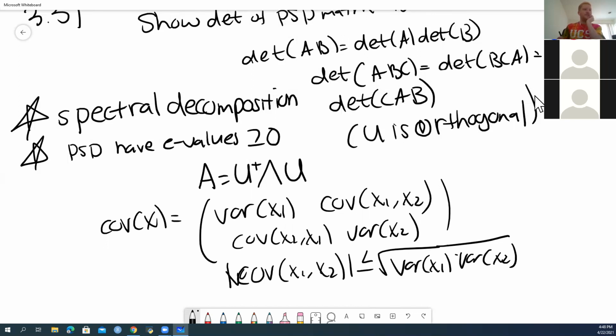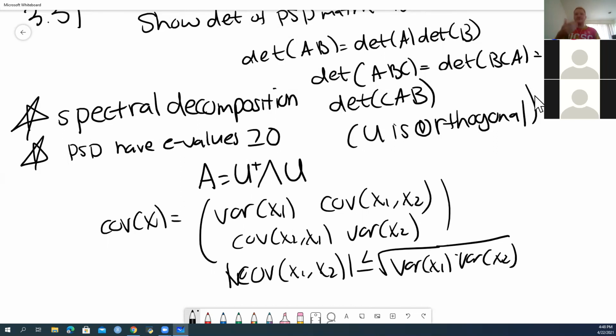This should be like a 2-line proof. You just use A. Remember, covariance matrices are positive semi-definite. That's a really crucial fact. So you have the fact that covariance matrices are positive semi-definite, and we just showed the determinant is non-negative. So in B, just use those facts.